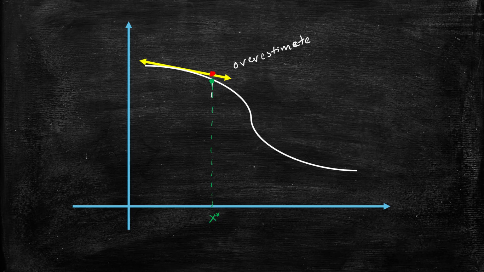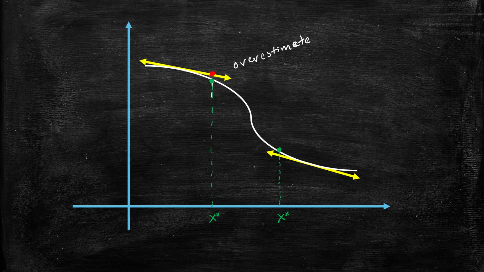Let me spell that correctly. Similarly, in the bottom right hand of the graph, well, not similarly because it's actually quite different, if I plug in a value, say x star is here, and I want to know the actual function value, that would be here.